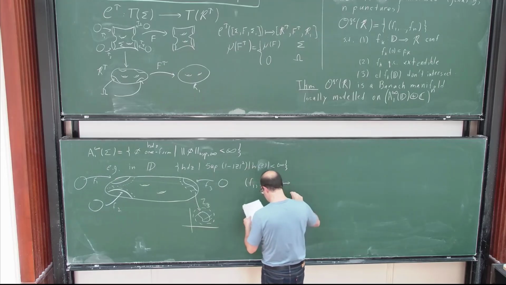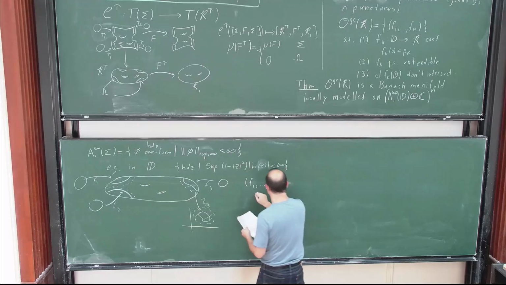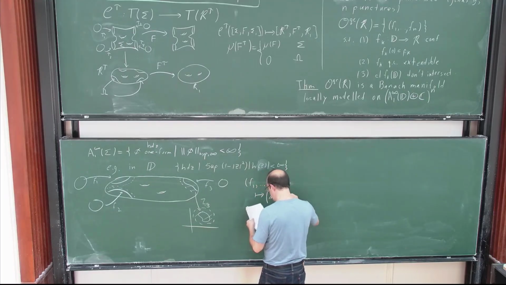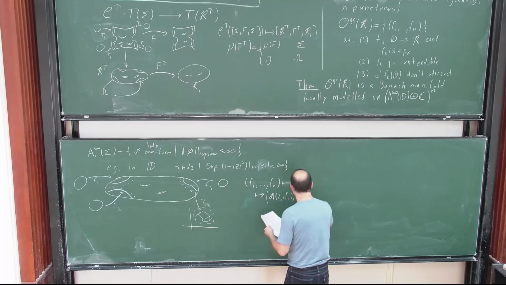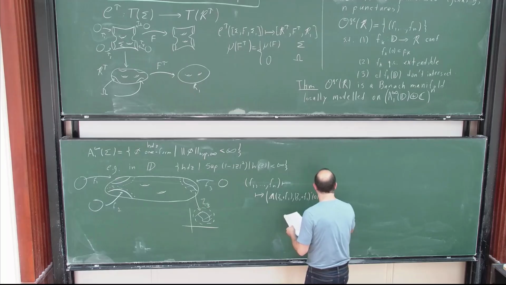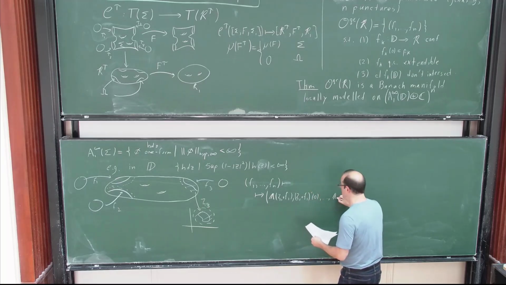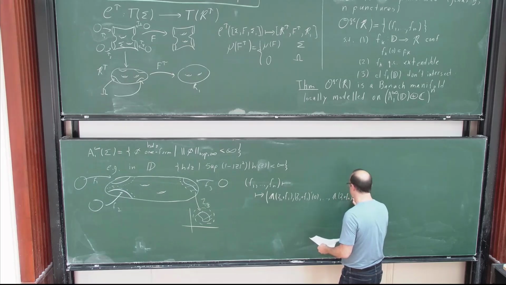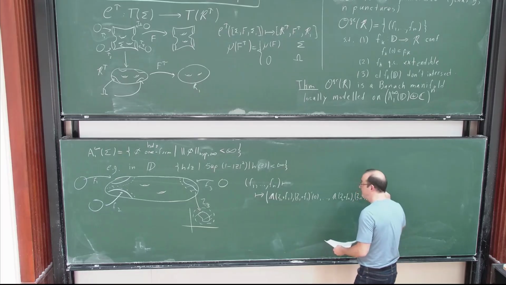This maps to A of zeta 1 of F1, zeta 1 of F1 prime at 0, all the way to A of zeta n of Fn, zeta n of Fn prime at 0.